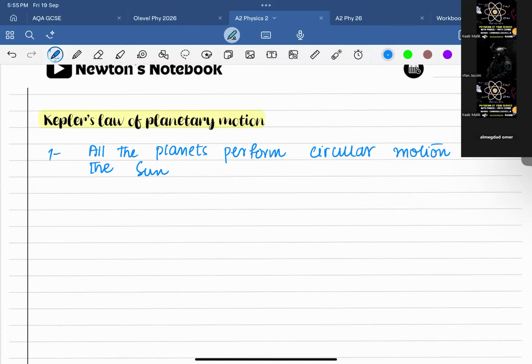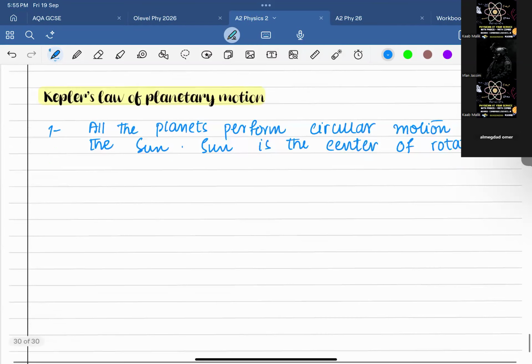And the sun is the center of rotation, and the paths are circular.